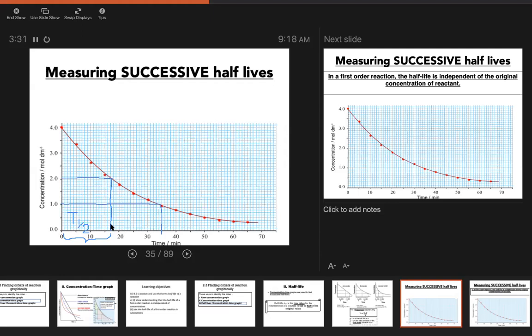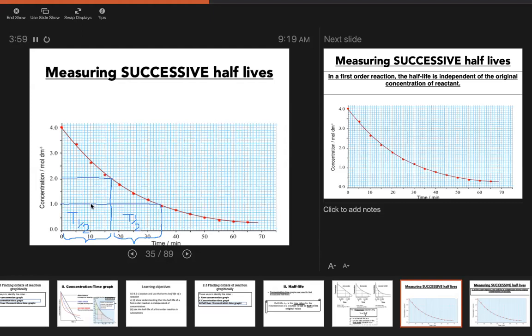Because I want to know the time taken when my concentration dropped from 2 to 1. Okay, so this is the section that I'm interested in. So you have to read off the graph for the second half-life. Okay, so that's the second section of your half-life.